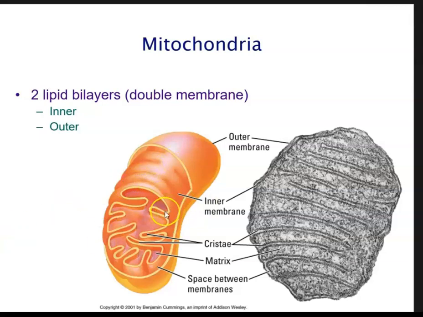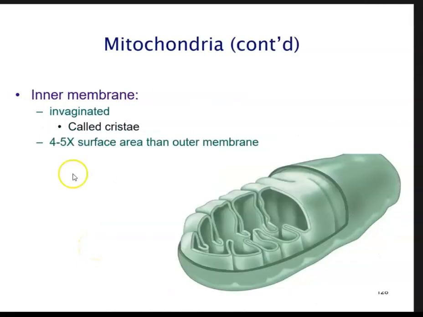The inner membrane has a lot of the cellular machinery for generating ATP. So they have protein complexes, and we can maximize the amount of our protein complexes by increasing the surface area without increasing the volume. And we'll talk about that more soon.